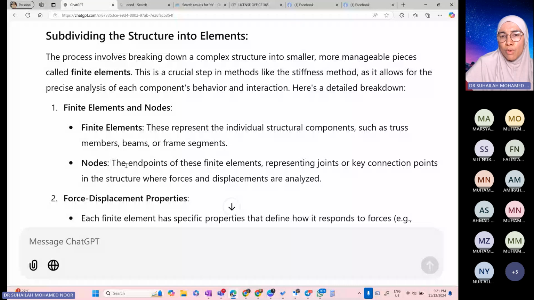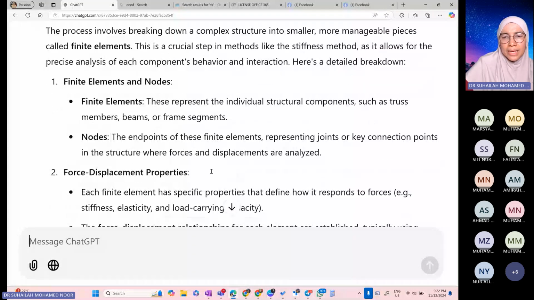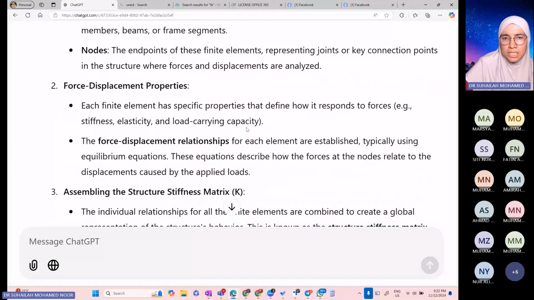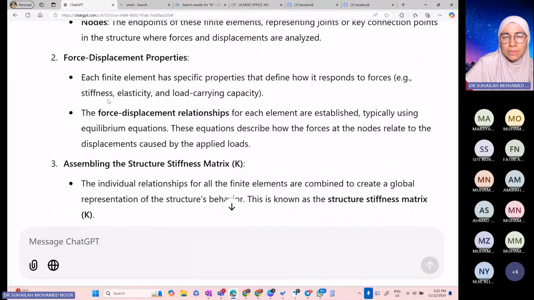Node is the endpoint of this finite element, representing joint or key connection point in the structure, where force and displacement are analyzed. And then kat sini dia highlight also about the force displacement properties. Nanti saya explain what is force displacement properties. We will solve actually the displacement and forces using force displacement equation, and it is also known as stiffness equation.